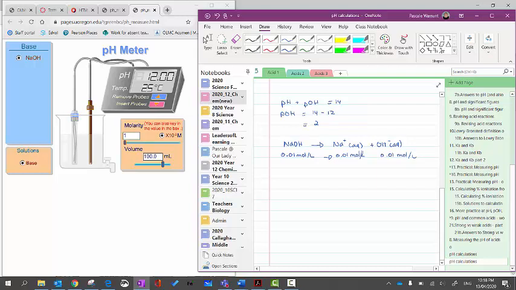So if I want to work out the pOH, it's going to be the negative log of 0.01, which works out to be 2, and that's what we worked out in the previous step. So that pH makes sense.